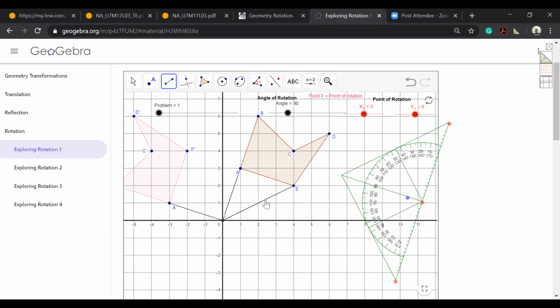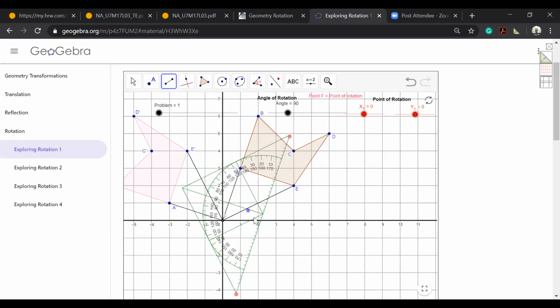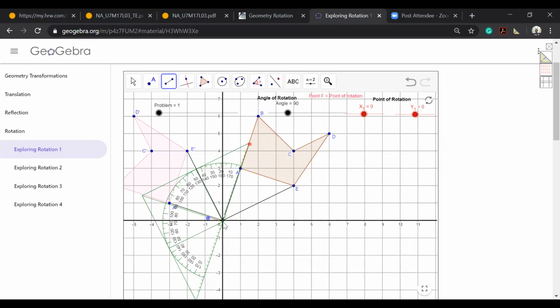So I'm drawing a line between E and the point of intersection, and then I'm going to do the same thing between the center of rotation and its image. And I'm going to try to measure this angle. Before I measure it, what do you think? It will be 90 degrees because I rotated 90 degrees. Again, put the center on the center, and then put the line on the line.